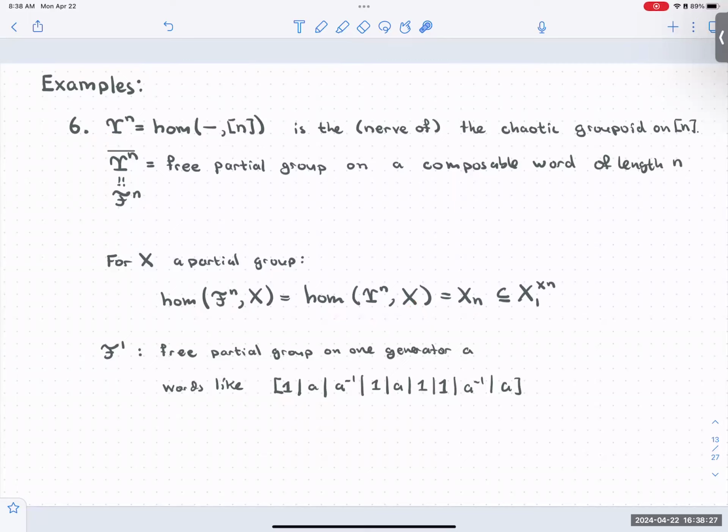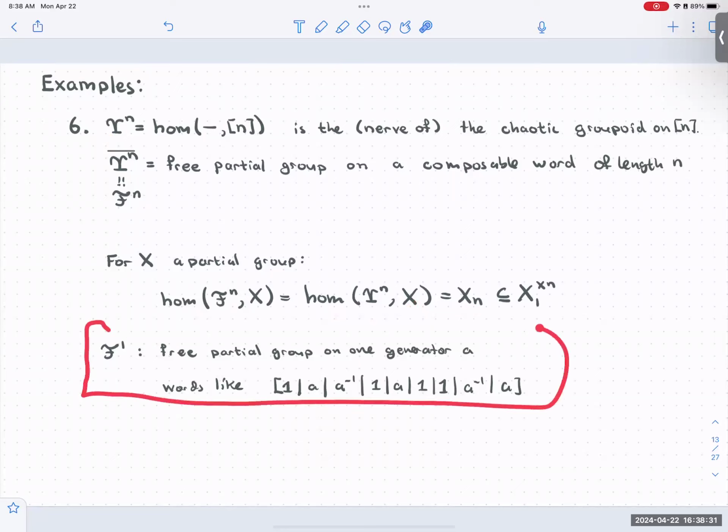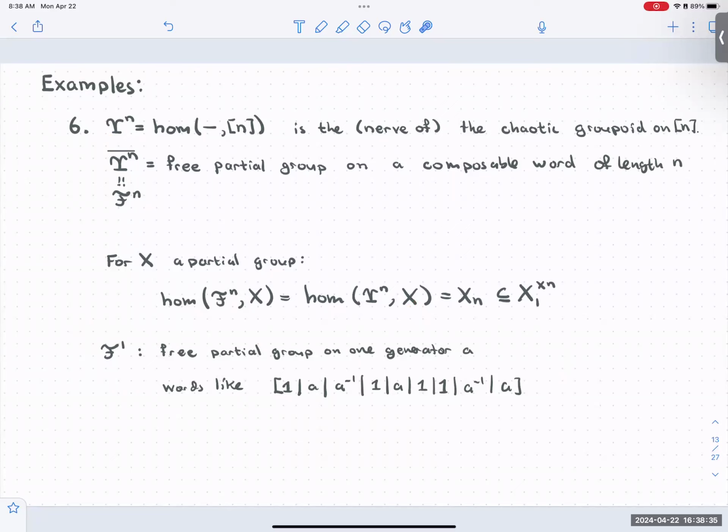So in general, this hadn't been seen, although I guess F1, which is the free partial group on a single generator, has been known since the very beginning. So that has words that look like this. I'm not allowed to multiply A with A, because in some partial groups I can't do that. I have an element that doesn't multiply with itself.